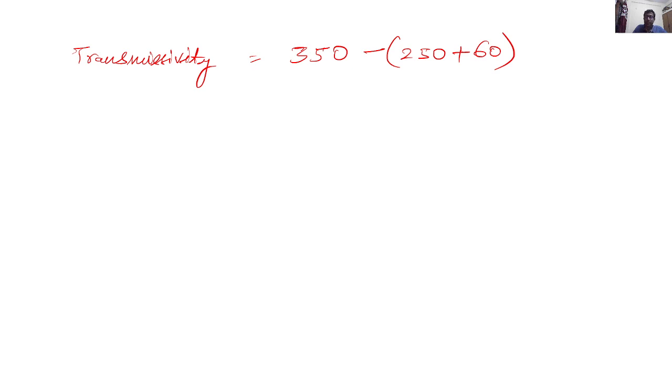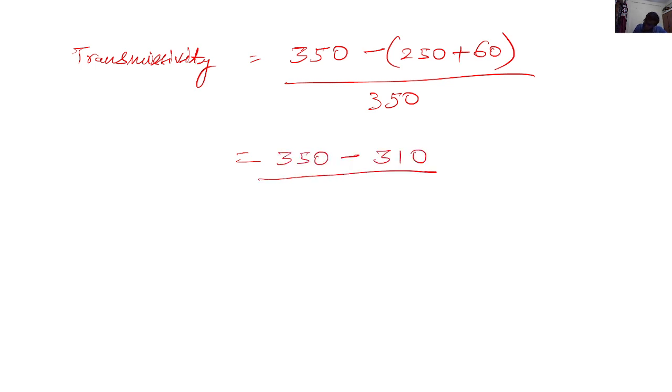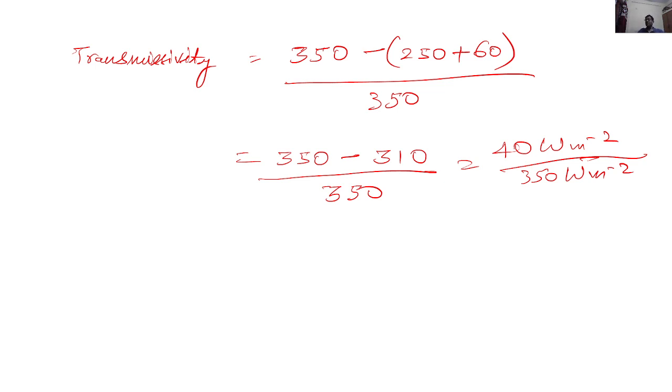Whatever is the rest would be the transmitted part, by 350, which is 350 minus 310 by 350, which is 40 watts per meter square by 350 watts per meter square. So 40 watts per meter square would be transmitted, but the transmissivity would be found by dividing it by the incident energy itself. It would come out to be 0.1142 transmissivity, or tau.